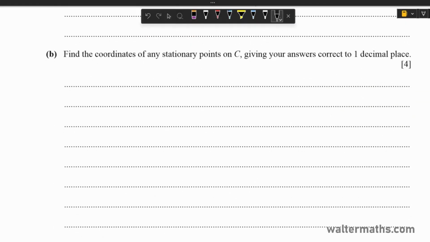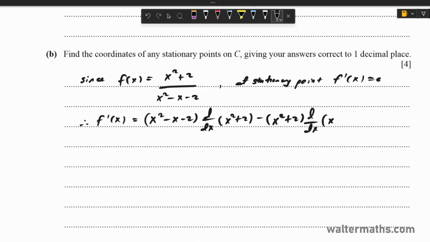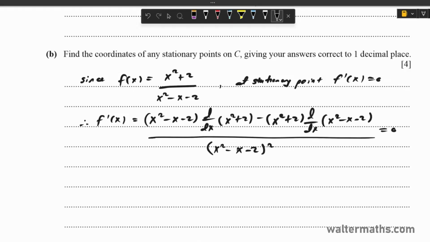So at a stationary point f prime of x will be equal to 0, which therefore means that if we find f prime of x, which is x squared minus x minus 2 times the derivative with respect to x of x squared plus 2, minus x squared plus 2 times the derivative with respect to x of x squared minus x minus 2, all over x squared minus x minus 2 squared. This whole thing should be equal to 0.